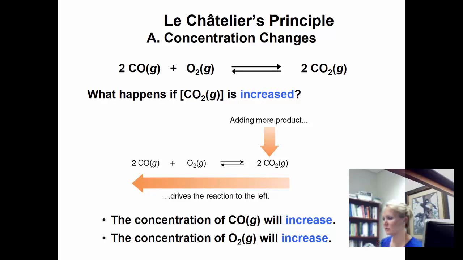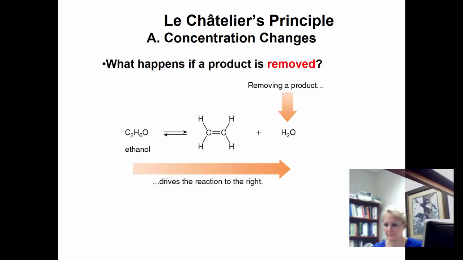If we increase products, it's going to shift to the reactant side to balance that out. So if you increase on one side to relieve the stress, the equilibrium shifts to the other side. If we increase CO2, the reaction shifts to the other side. That means we have more oxygen molecules and more CO.